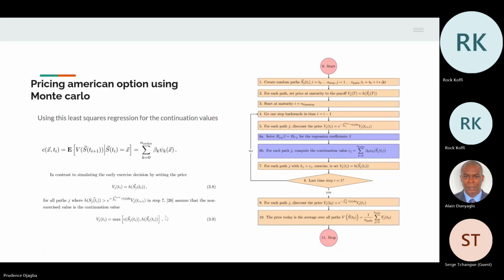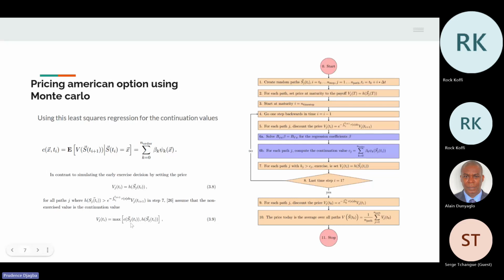Yes, thank you. But I noticed from the paper that you sent, the thesis, it says at that page that in contrast to simulating the early exercise, when the exercise price is less than the continuation, we set the price as the maximum of the continuation with the exercise at that time.